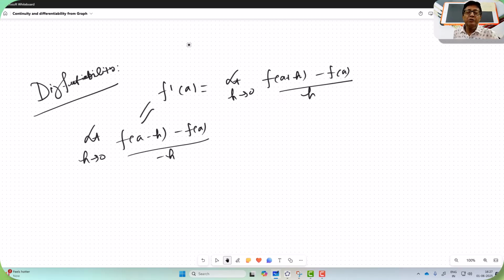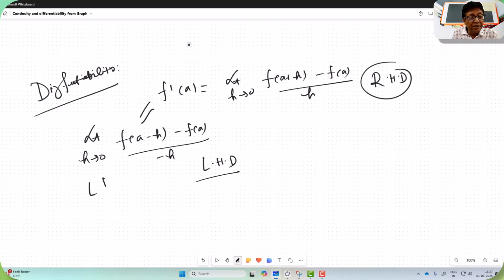In the first class on differentiability, we stated this one as the RH derivative, and this one we defined as the LH derivative, that is, the left hand derivative. We write this as Lf'(a), Rf'(a). But these are the values of derivatives only. On the right side, this is the value of the derivative. I mean, this part is the slope of the tangent.